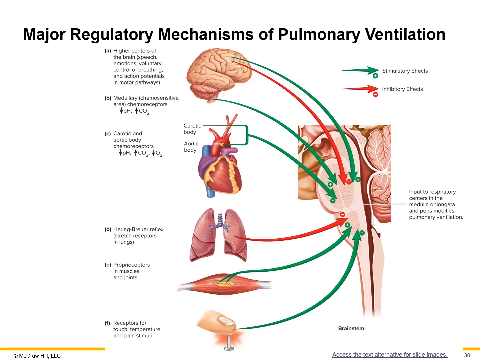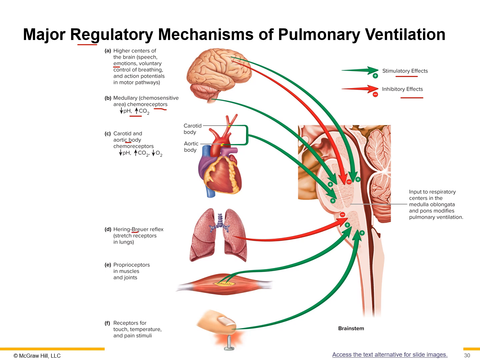So again, just looking at the major regulatory pathways here, just a summary figure, and whether they are stimulating, so increasing respiration, or decreasing respiration. We have our emotions there in the limbic system. We have those chemoreceptors looking for changes in pH and carbon dioxide, the same receptors that are in the carotid and aortic bodies.